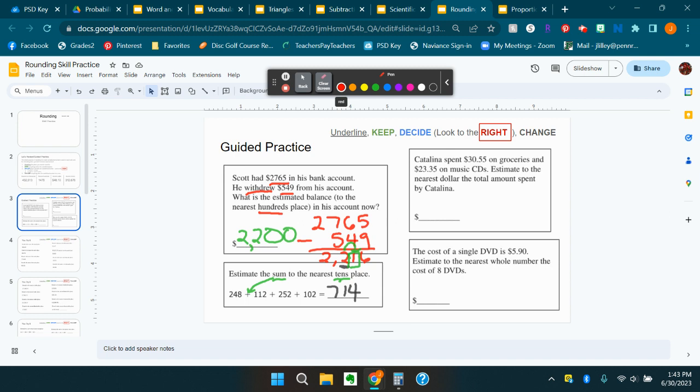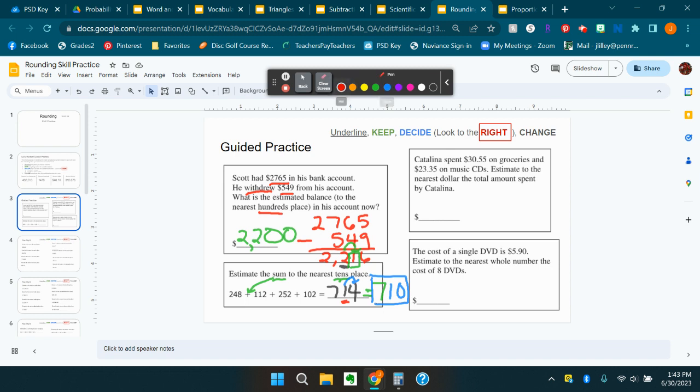And then we need to look for the tens place. The 1 is in the tens place. I'm going to keep the 7 in my answer, but then I have to decide what to do with the 1. So I'm going to look next door. The next number is 4 or below, let it go. So I'm going to leave my 1 a 1 and then change the 4 to a 0. So 710 would be my final answer.